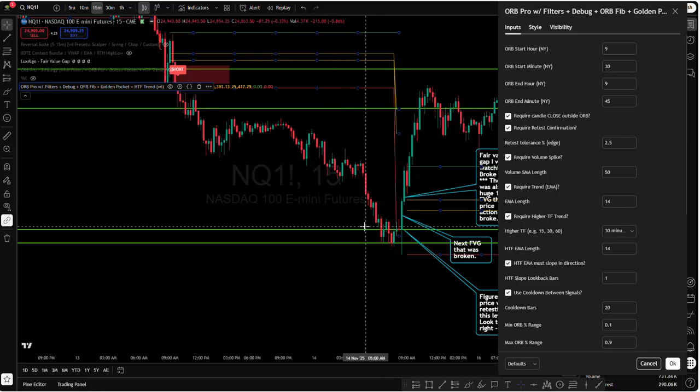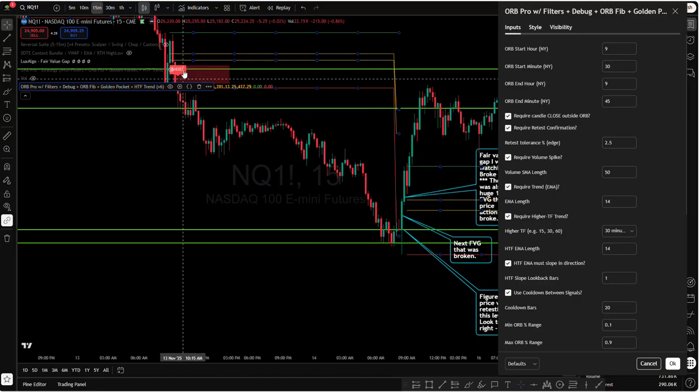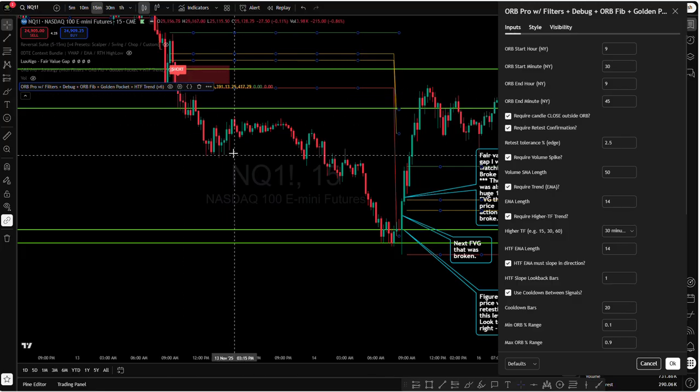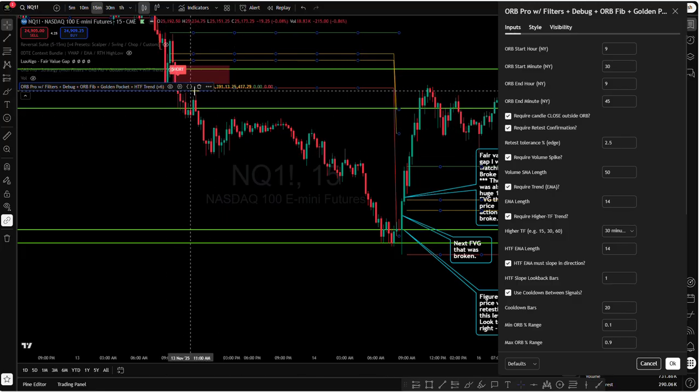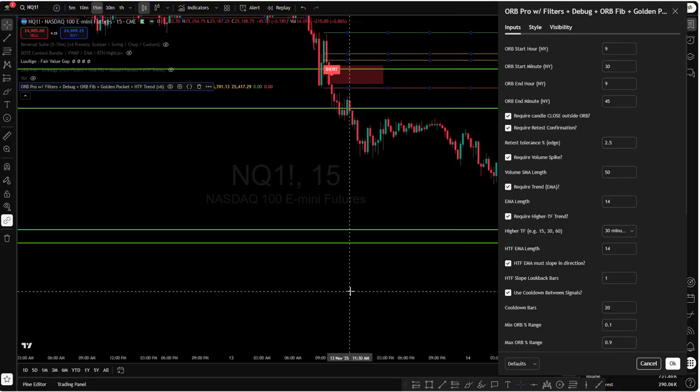I do a lot of trend trading. The ORB is very trend-esque on where price action is moving. Just real quick, you can see the short signal popping up here, and therefore price action broke out of the ORB and went down.